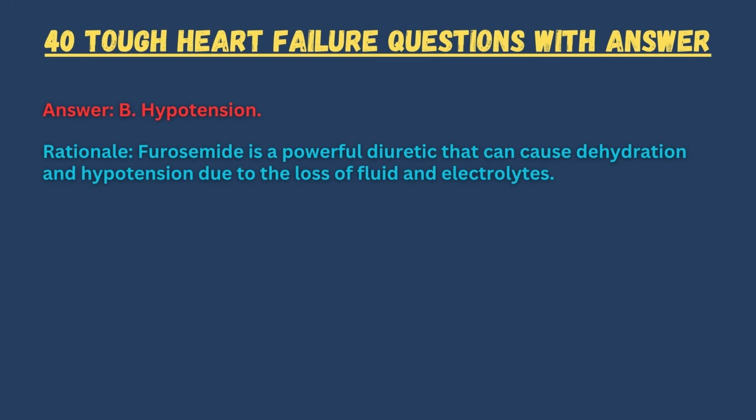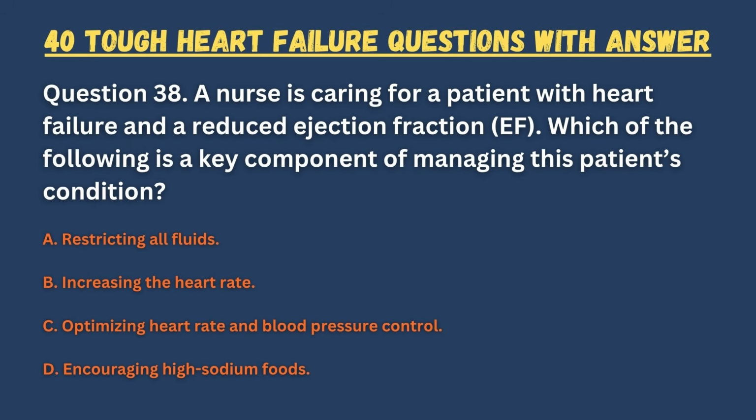and electrolytes. Question 38. A nurse is caring for a patient with heart failure and a reduced ejection fraction, EF. Which of the following is a key component of managing this patient's condition? A. Restricting all fluids. B. Increasing the heart rate. C. Optimizing heart rate and blood pressure control.